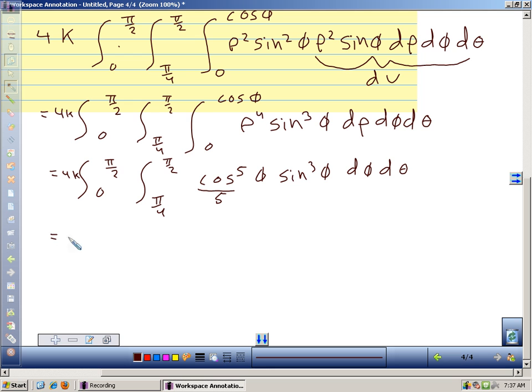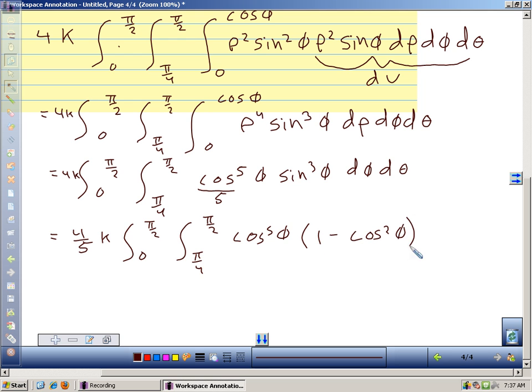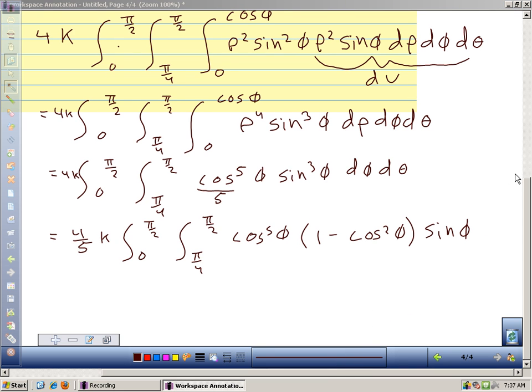Now we're down to a trigonometric integral. So I have 4/5 k, the integral from 0 to pi over 2, the integral from pi over 4 to pi over 2 of cosine to the 5th phi times 1 minus cosine squared phi. I'm taking out a sine squared and I leave a sine phi, d phi d theta.